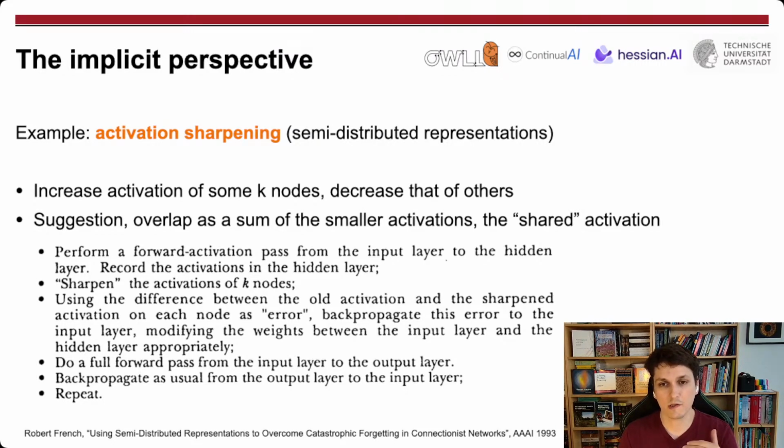But in addition, in each step, we'll now have this extra idea of sharpening the activations by moving up the activation of the k largest nodes and moving all the other activations down, calculate the differences to the old activation, and respectively modify the weights such that it works out.